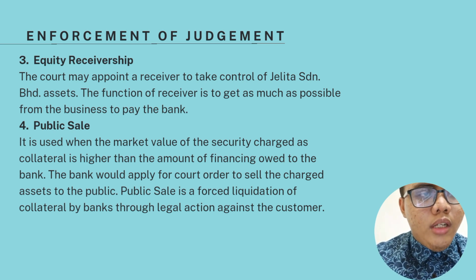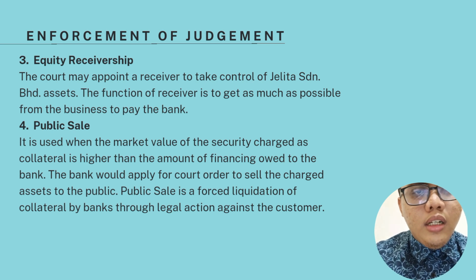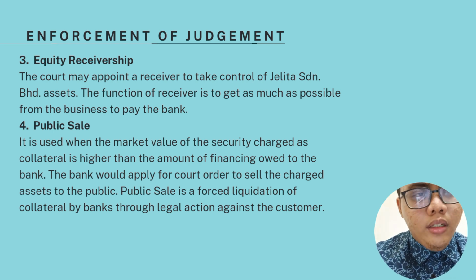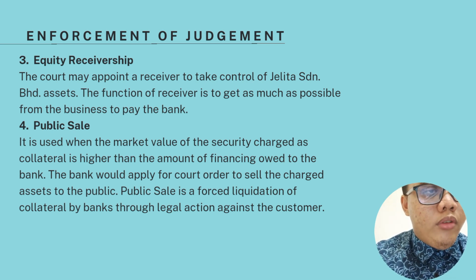It is used when the market value of the security charged as collateral is higher than the amount of financing owed to the bank. The bank would apply for a court order to sell the charged assets to the public. Public sale is a forced liquidation of collateral by banks through legal aid.